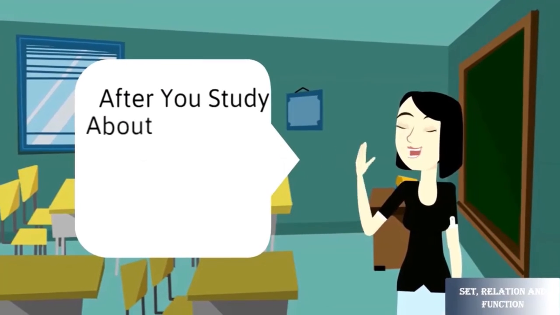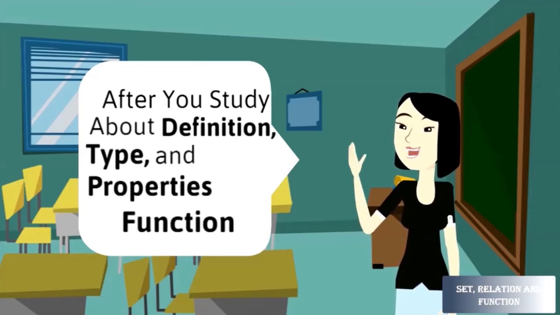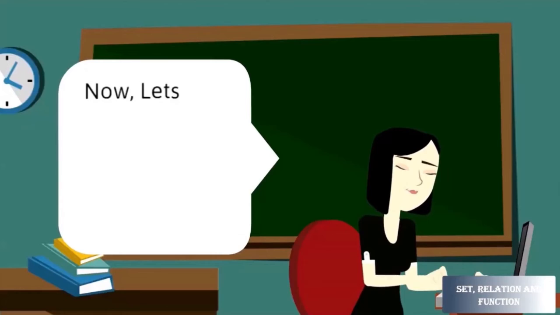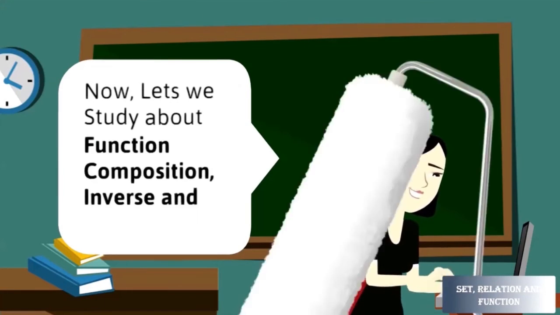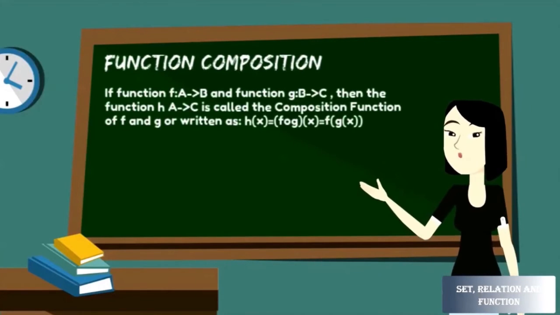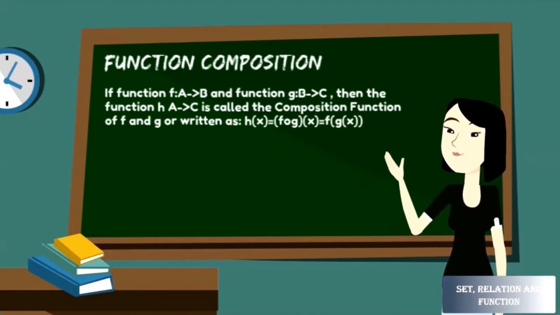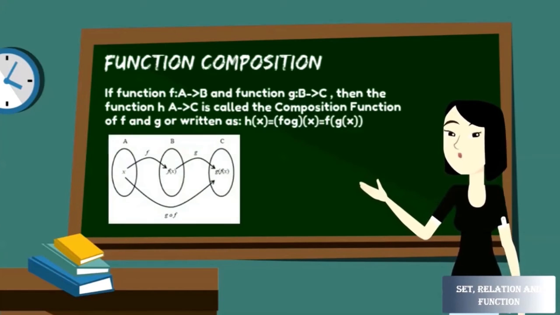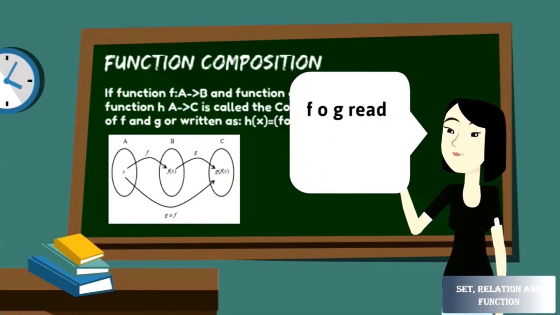So, after you study the definition, types, and properties of function, now let me teach you about function composition, inverse, and determining functions. Function composition. If function f from A to B and function g from B to C, then the function h from A to C is called the composition function of f and g, or written like this.